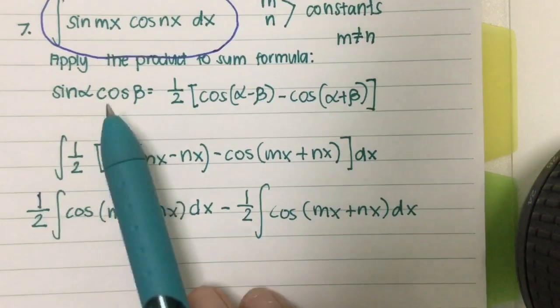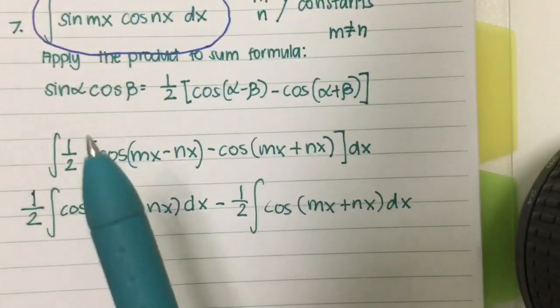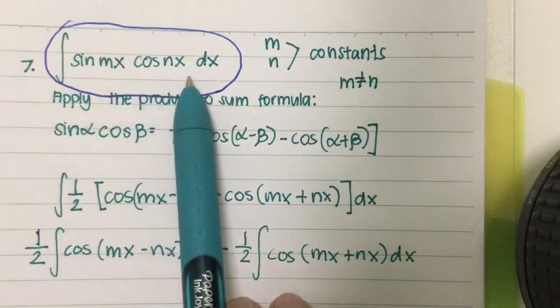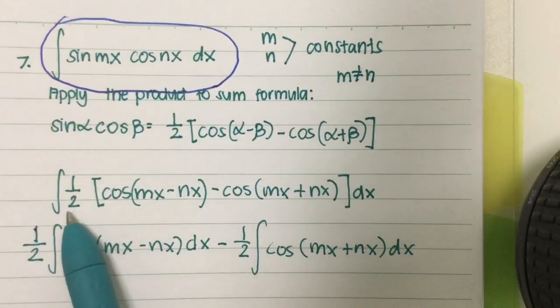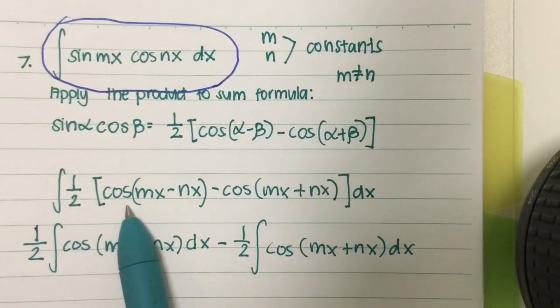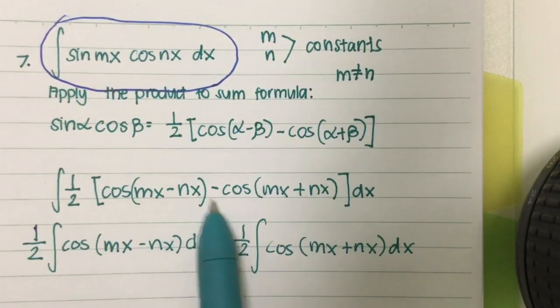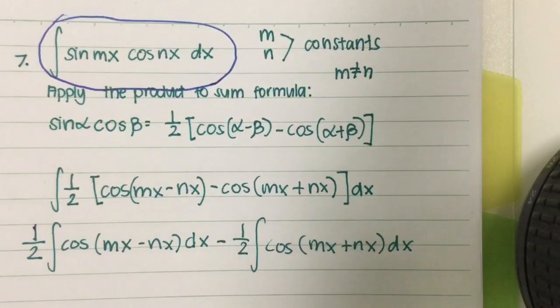Once we apply this formula, we'll get the integral of sine mx cosine nx dx, which is 1/2 times cosine mx minus nx minus cosine mx plus nx dx.